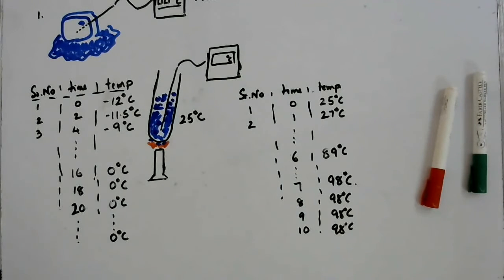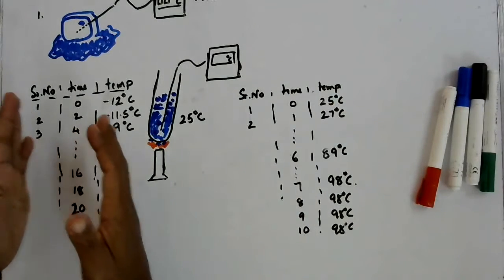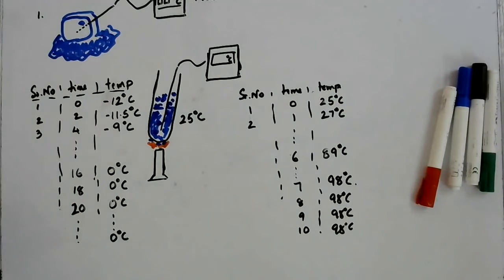So what you are observing over here is that while the ice is absorbing heat from the surroundings, because it is at 0 degrees Celsius and the ambient temperature is around 24-25 degrees Celsius or more, the heat obviously is still being absorbed.